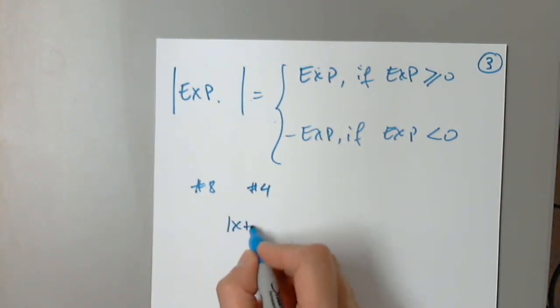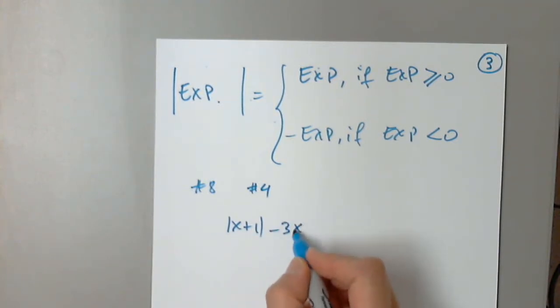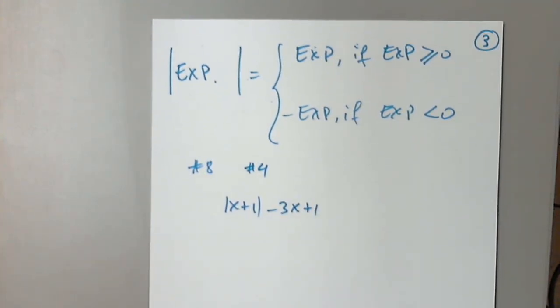Okay, so we have the absolute value of x plus 1 minus 3x plus 1. Now, remember when I torture you with that question, a binomial squared is? Very good, thank you. I'm going to torture you with this type of question.